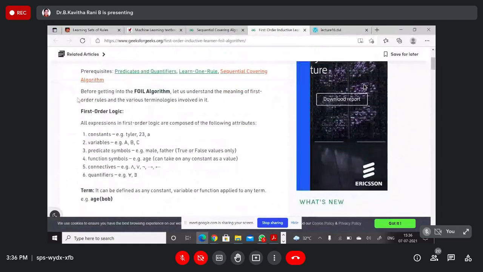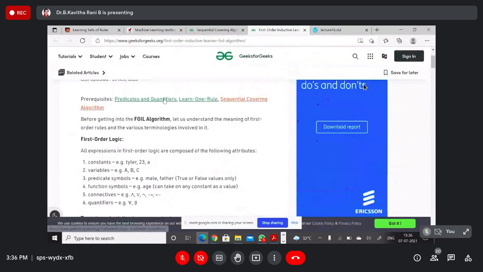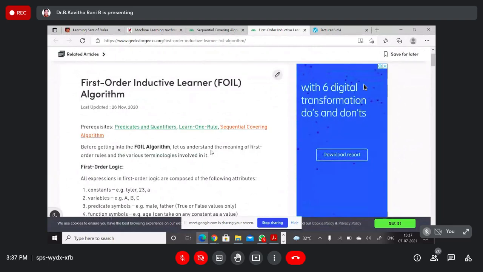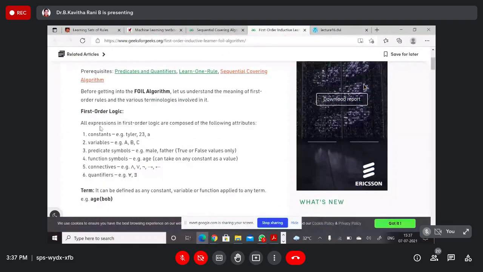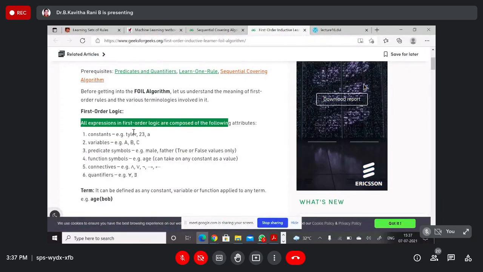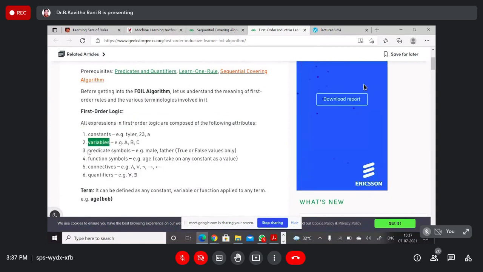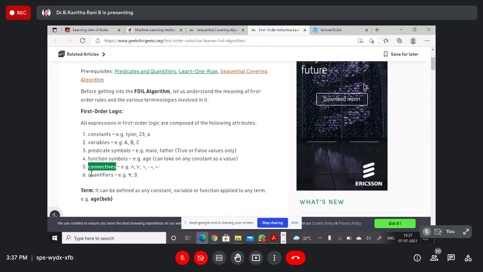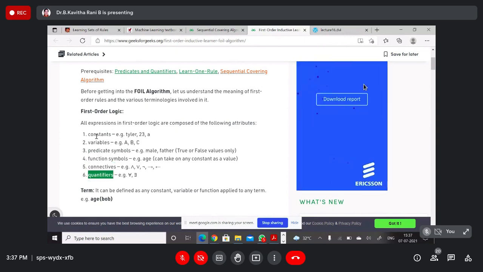See here, first order inductive learning, FOIL. In first order logic, expressions are composed of the following: constants, variables, predicate symbols, function symbols, connectives, and quantifiers.